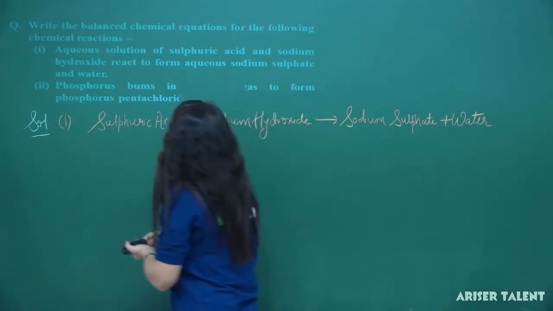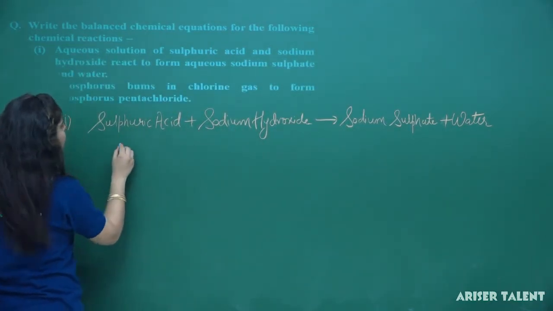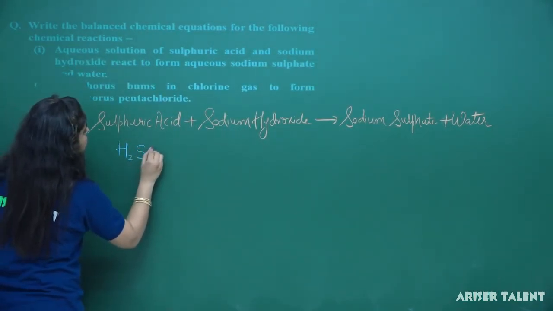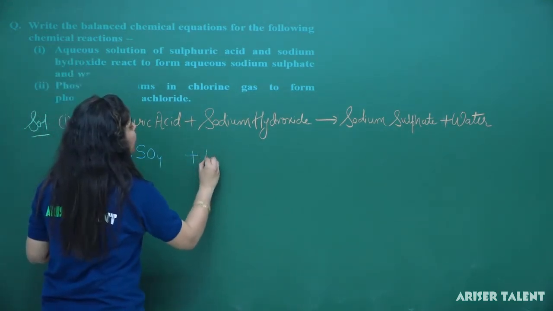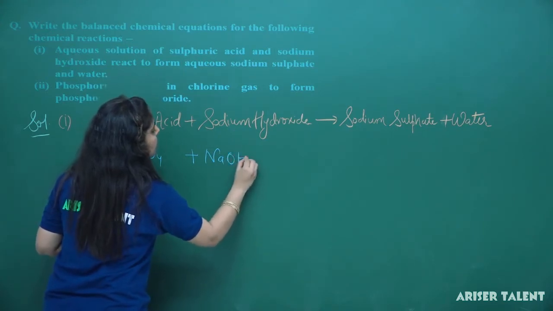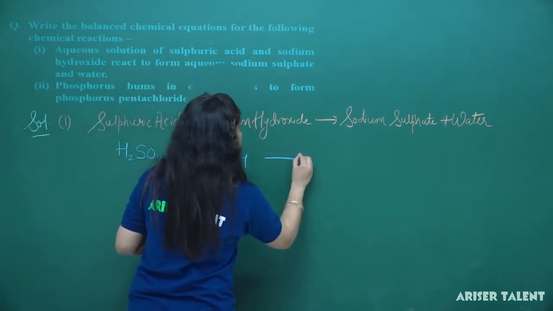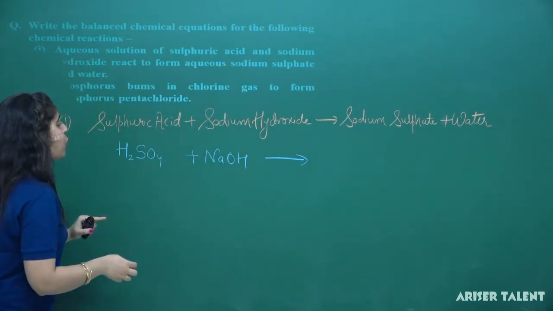Now for sulfuric acid, we have the formula H2SO4. For sodium hydroxide, we have the formula NaOH. Now it will form sodium sulfate.